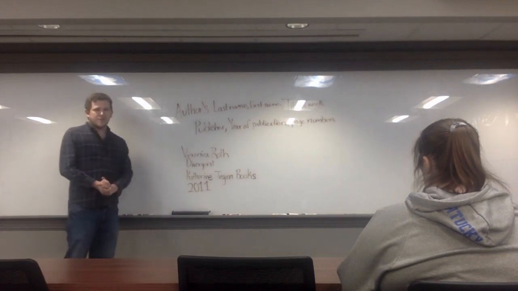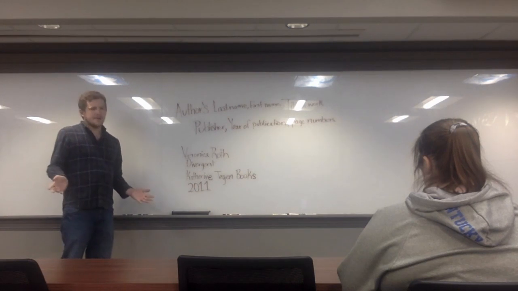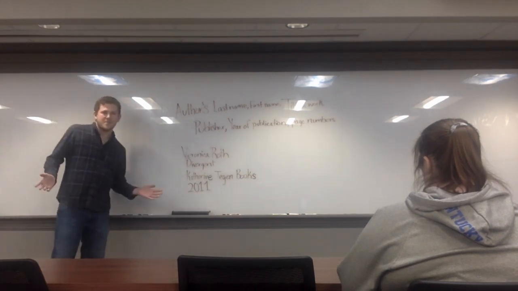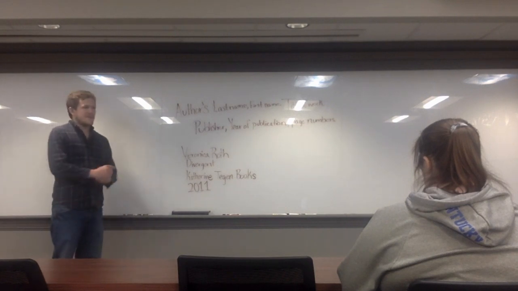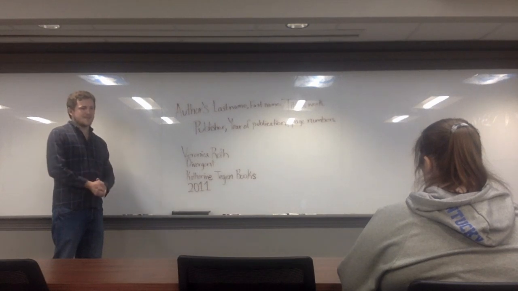So there's a few questions you want to ask when looking at a source to see if it's credible or not. The first thing you want to ask is, is it in depth? How many pages does it have? Is it one page, a couple paragraphs, 5 pages, 10 pages?